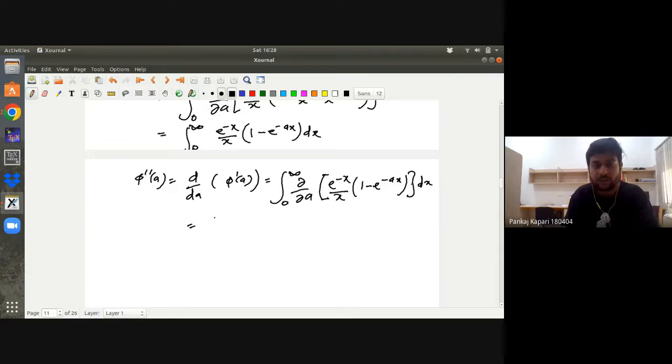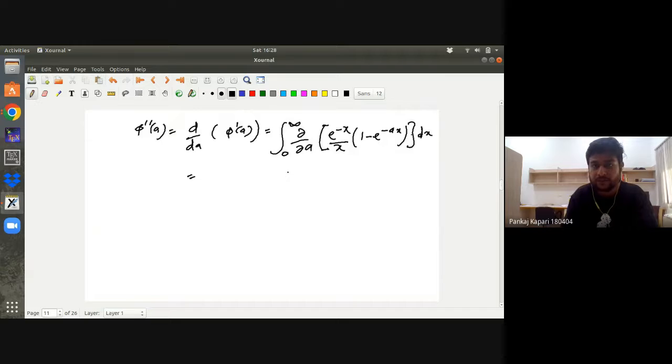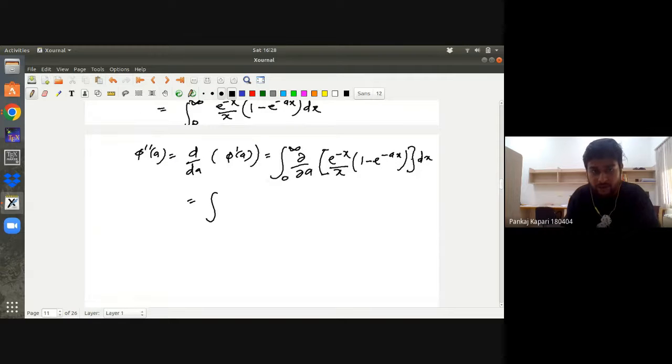What do we get if we differentiate this again? From 0 to infinity, this e to the power minus x by x will be treated as constant because we are differentiating with respect to a. In the bracket, the derivative of 1 becomes 0, and the derivative of e to the power minus ax becomes minus x times e to the power minus ax.